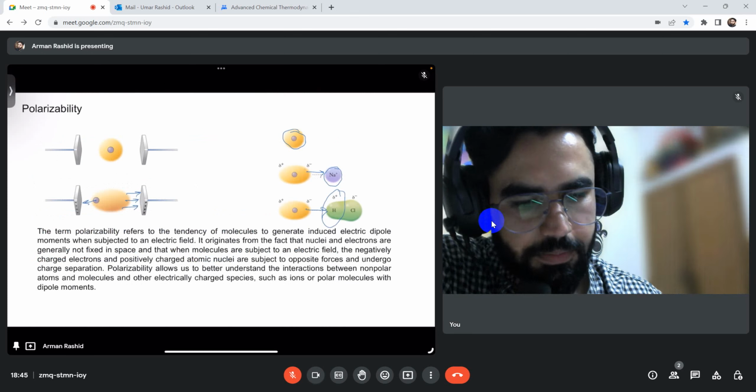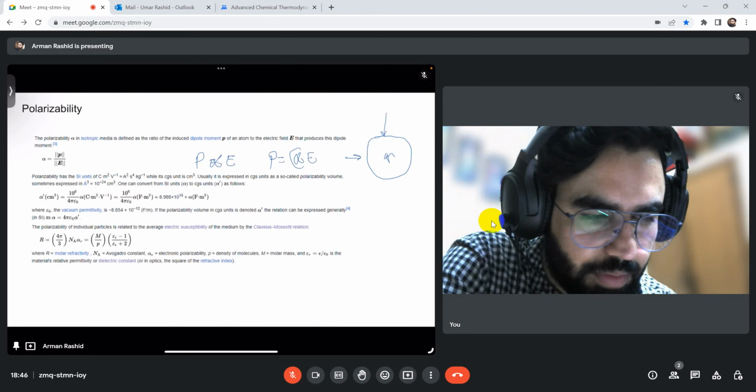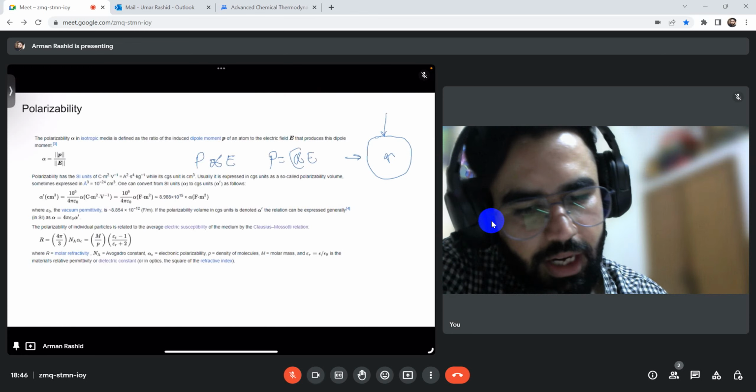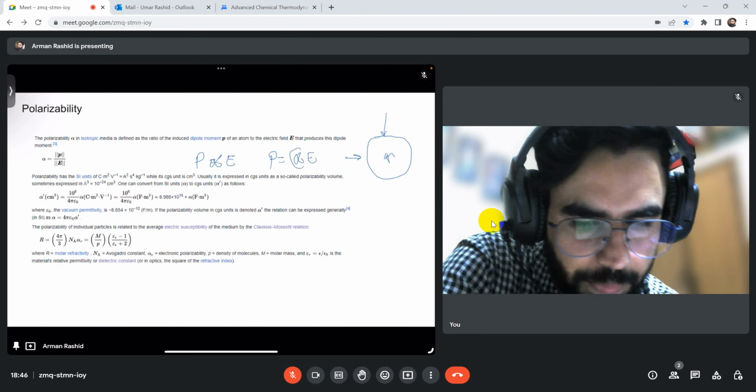If it is the same, then the induced dipole moment that is generated is directly proportional to the applied electrical field. So P is equivalent to alpha E, where alpha is a constant of proportionality, and it is called the polarizability constant.